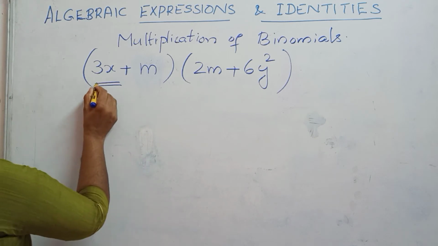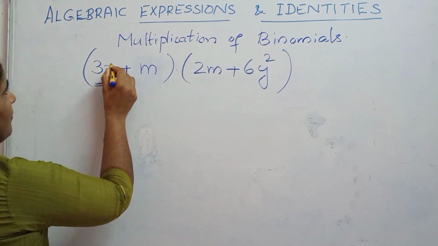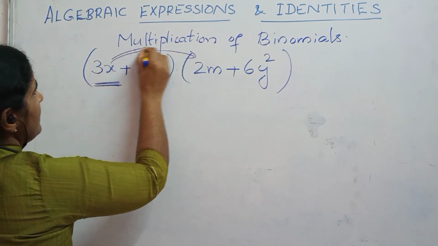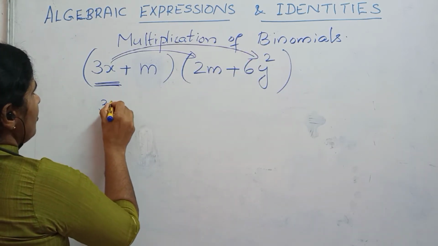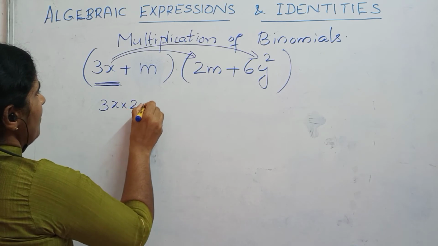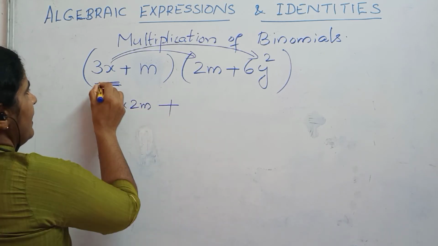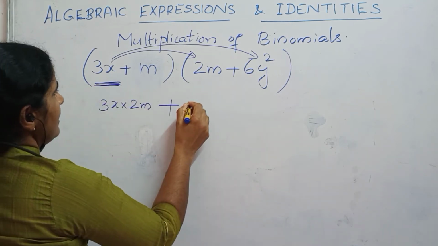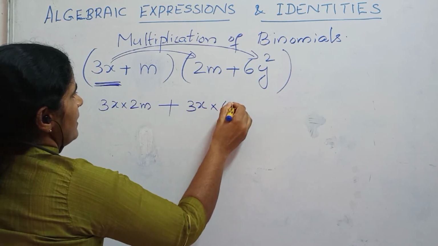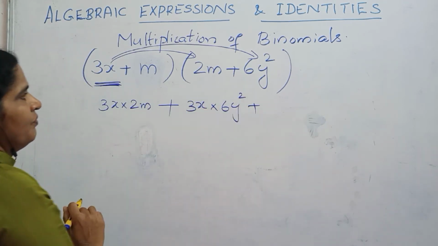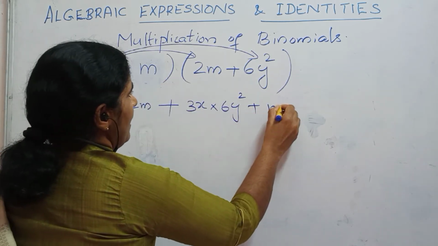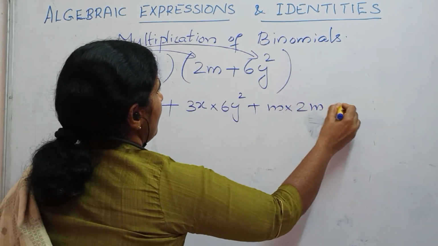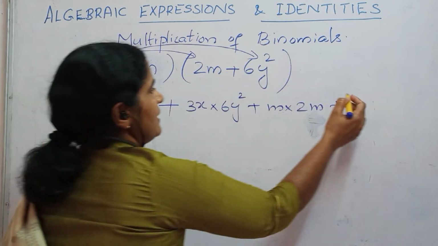Let me multiply 3x first. We can multiply it with each and every term in the second bracket. So it will come as 3x into 2m plus 3x into 6y² plus, 3x is over, now m into 2m plus m into 6y².